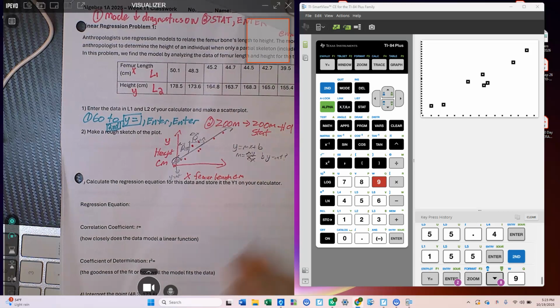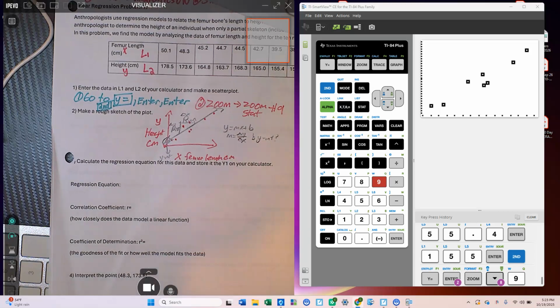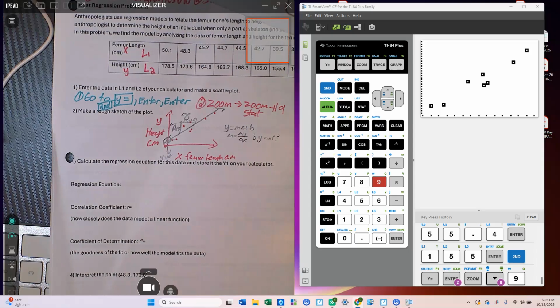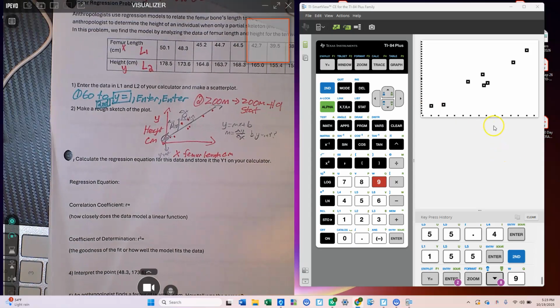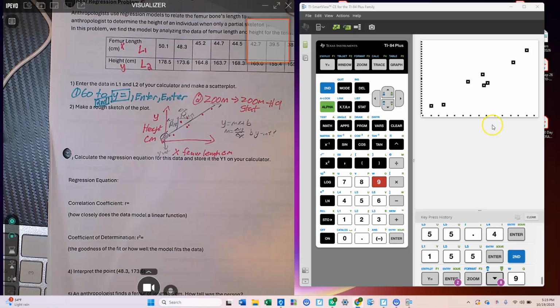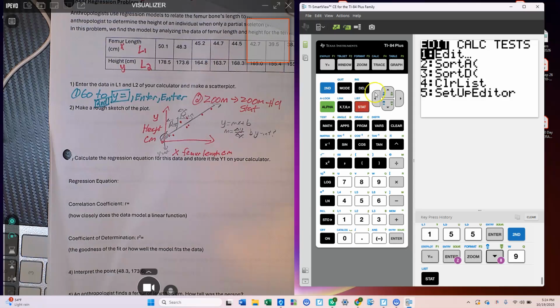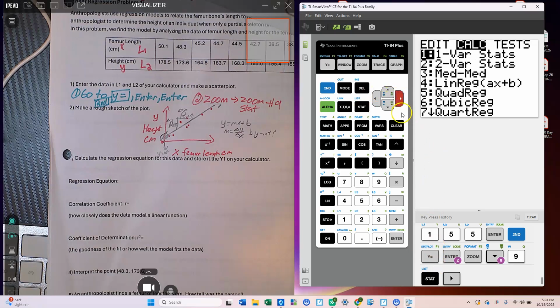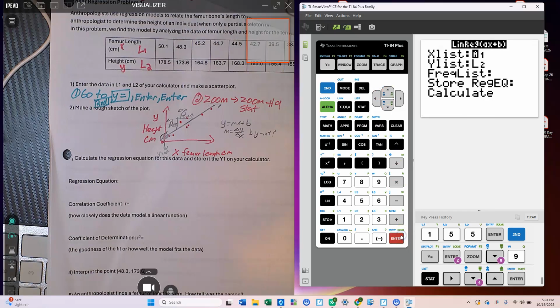So we know it's a positive relationship. Calculate the regression equation. I don't know if I want to store it in y1. Okay. All right, so we're going to go stat, right to calc. Okay, and if we want to store it on our calculator, we press enter.